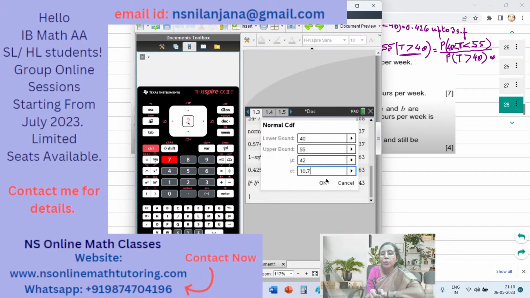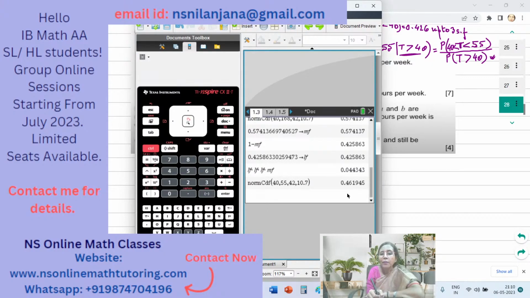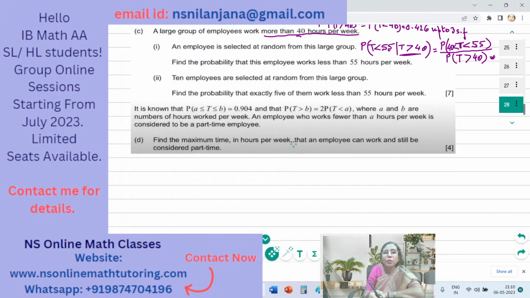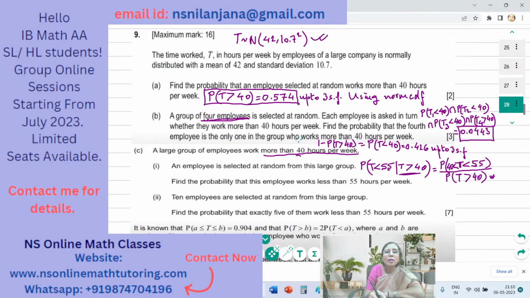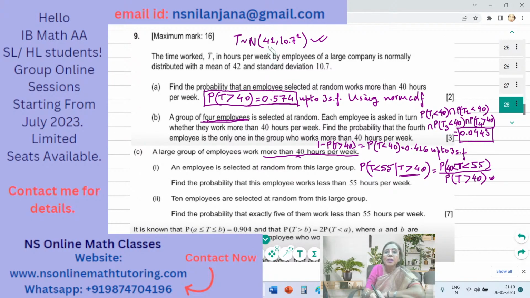Let me show you once more. You have forgotten, I'm showing you. Okay, I have entered and I have got this value. Now let me show you once more the mean and standard deviation value. Yeah, the mean is 42, standard deviation is 10.7.